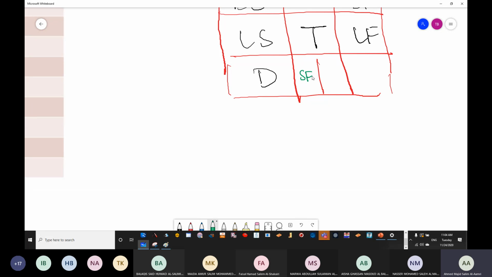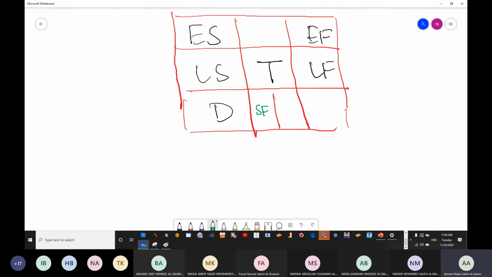Start float is going to be the difference between late start and early start, which is the float, if you remember, the float and the gap.